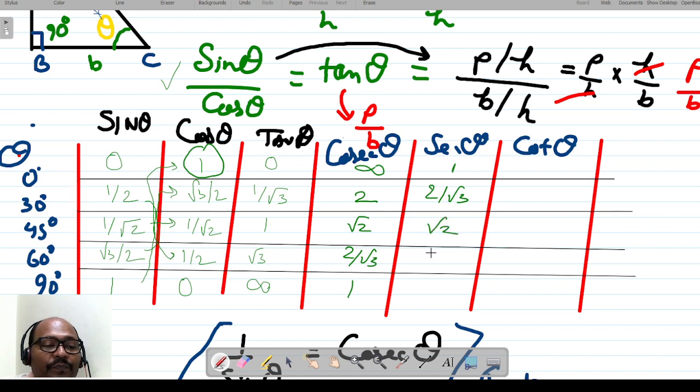Root 2, then 2, then 1 by 0, that will be infinity. For cot theta, we get 1 by 0, infinity, since tan 0 is 0. Then 1 by 1 by root 3 is root 3, then 1, then 1 by root 3, then 0, right? Just remember this important table.